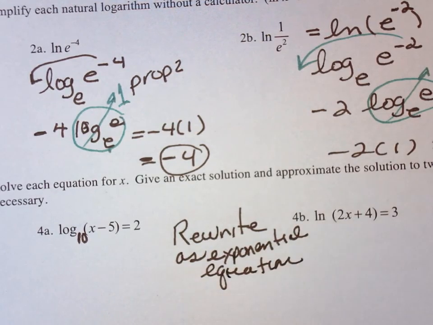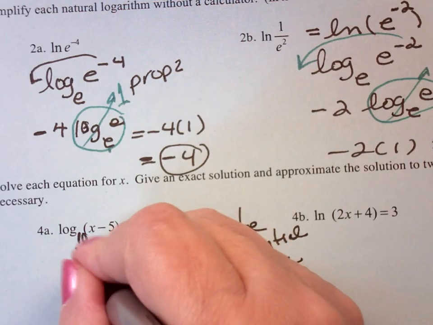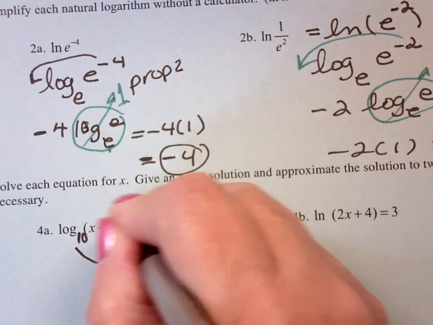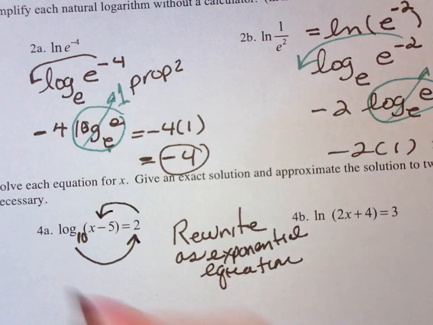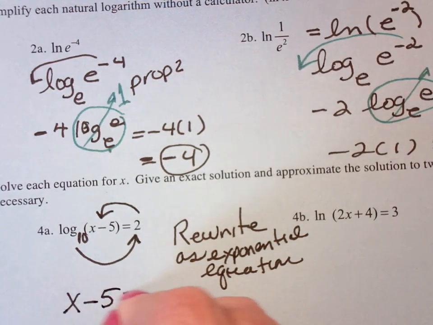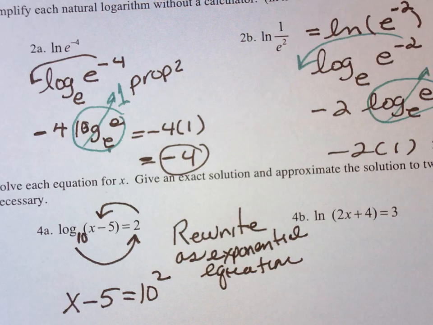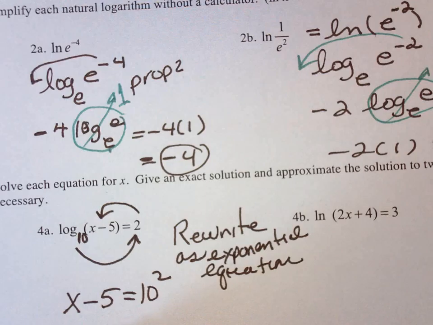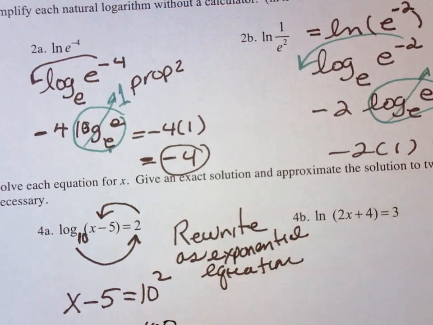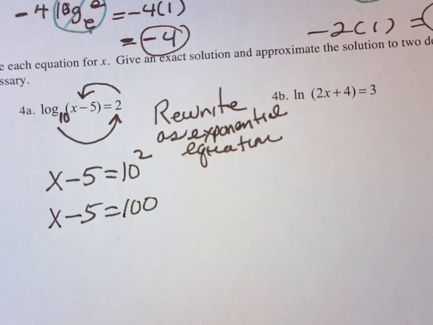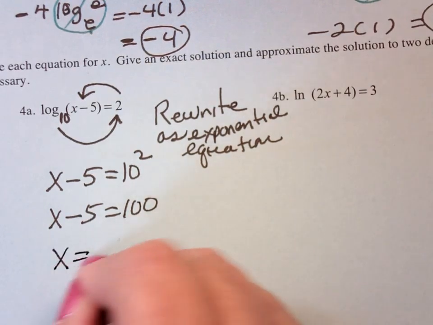Now this is where you've got to be able to go from logarithmic to exponential notation in your sleep, because it becomes 10 to the 2 is equal to x minus 5. I have an equation I can solve for x. This says x minus 5 equals 100, because that's what 10 squared is. Add 5 to both sides, x is 105.